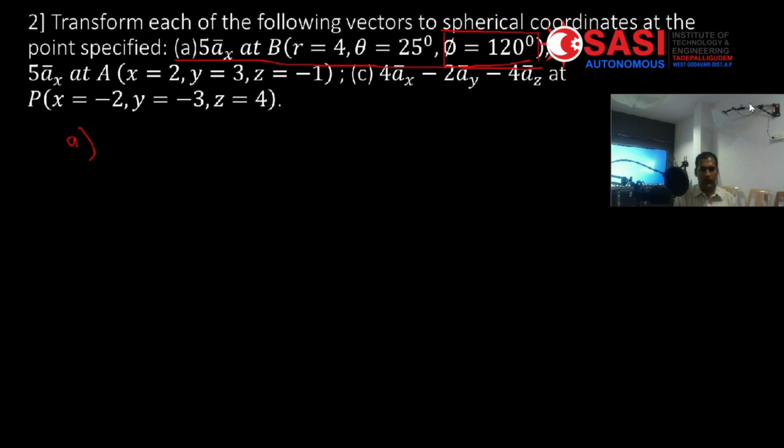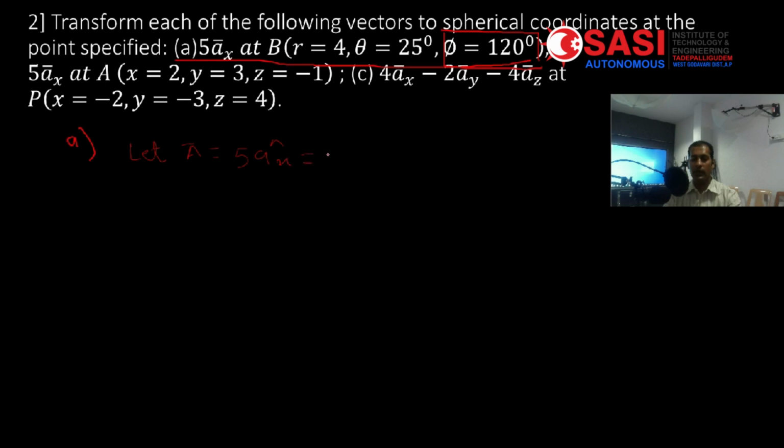For solving example A, we are given phi AX; there is no y and z component. So let A bar be phi AX cap.